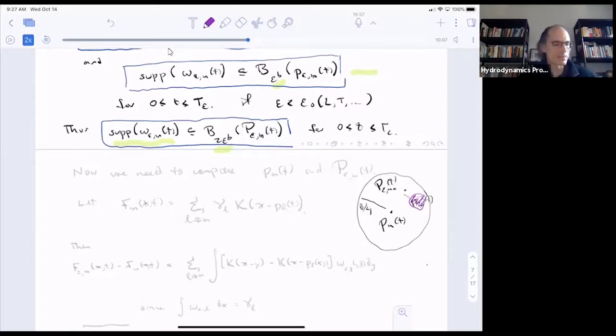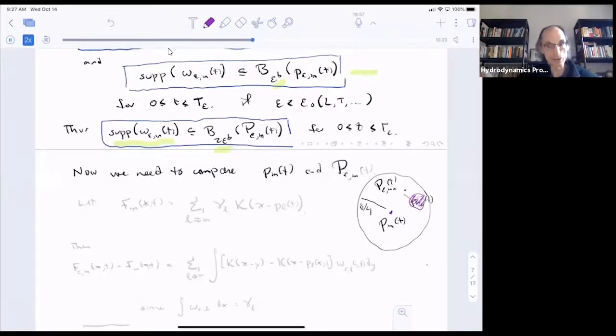But I still need to say that the support of vorticity remains within the ball of radius. Remember, the stopping time delta, this T epsilon, is the first time at which the support leaves a ball of radius delta over 4 around this P sub m. So I need to compare this little p sub m of t and the capital P epsilon m of t.